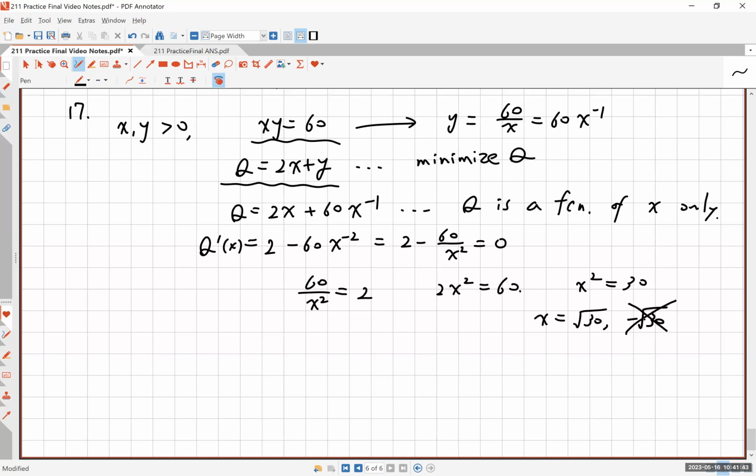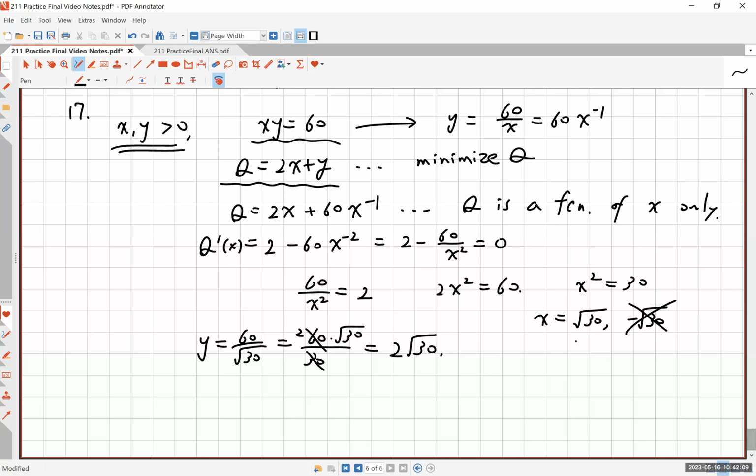But of course, that's removed because we are given at the beginning that x is a positive number, and so is y. Okay, y is then 60 divided by the square root of 30. You can just multiply top and bottom by the square root of 30, and so that would be 2 times the square root of 30.